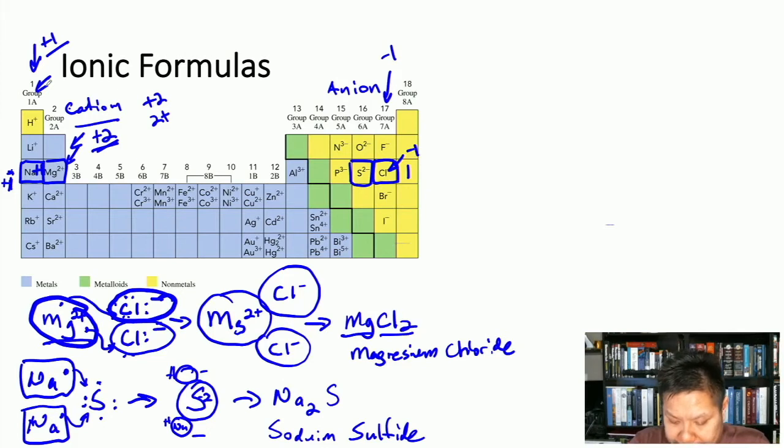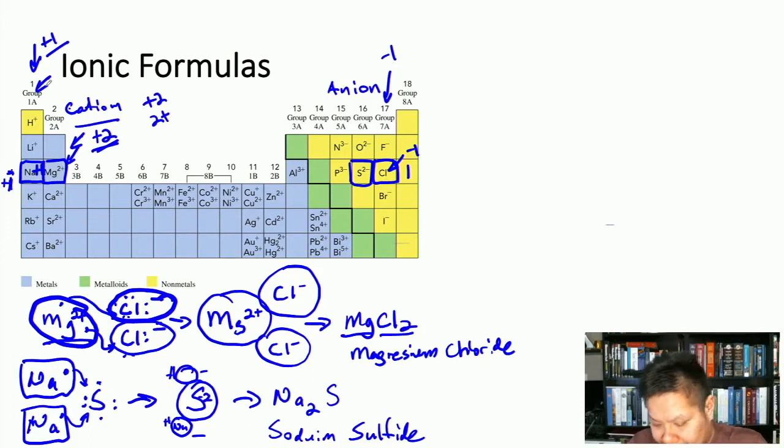And the trend continues. Group 2 is the same way. Everything in group 2, for example magnesium or calcium, has 2 valence electrons, which means it has 2 electrons it wants to get rid of so that it can have a full shell in a lower electron shell, giving it a +2 charge when it loses those 2 electrons.